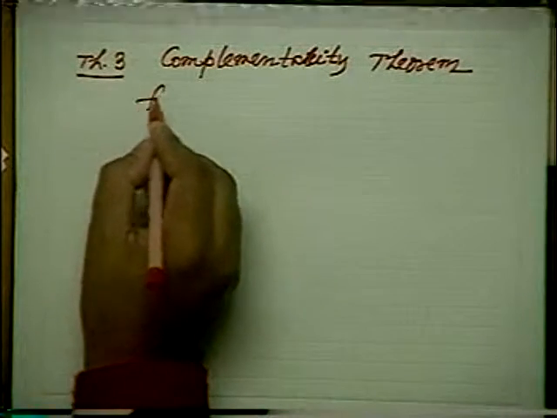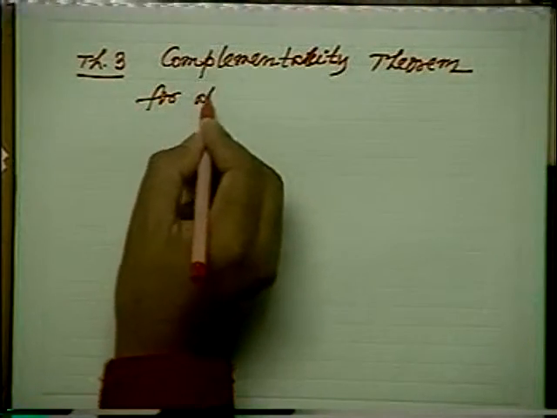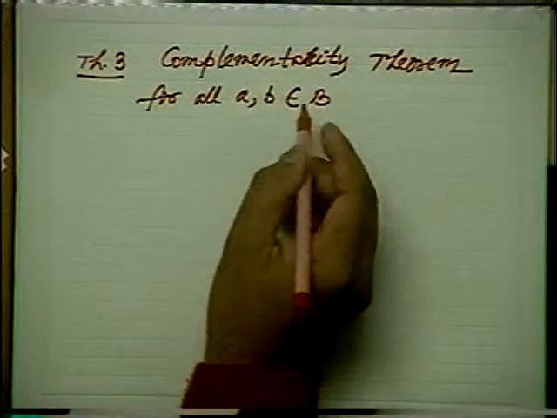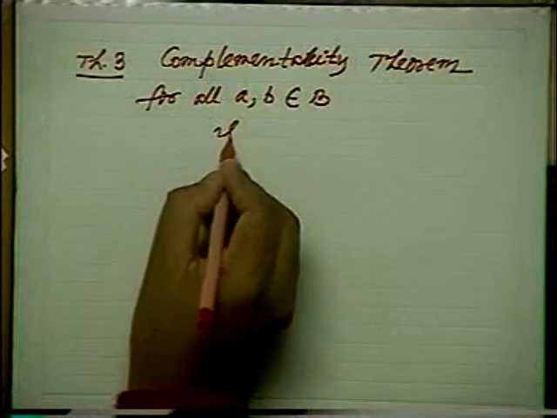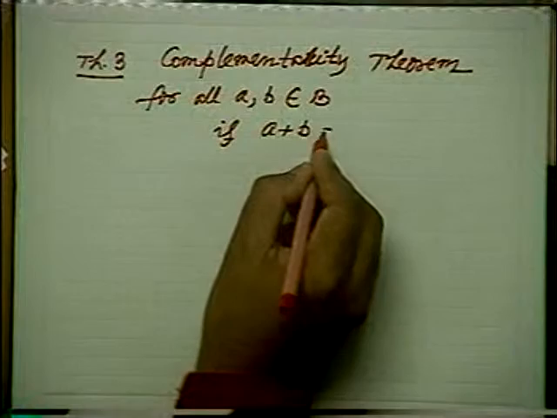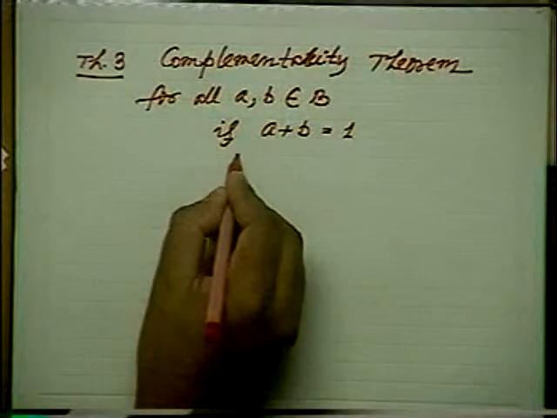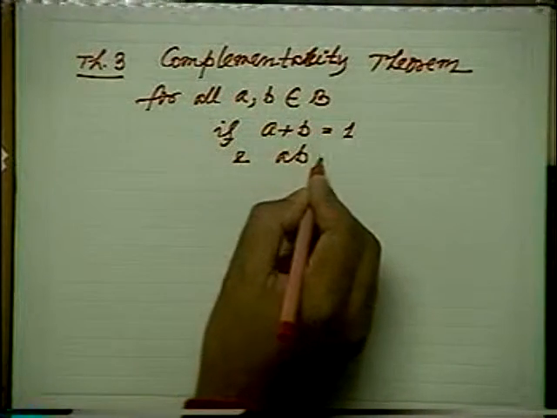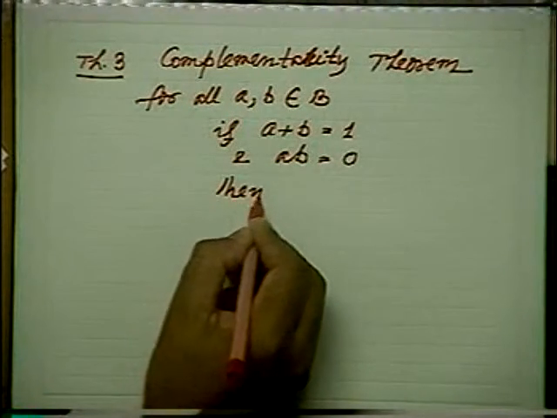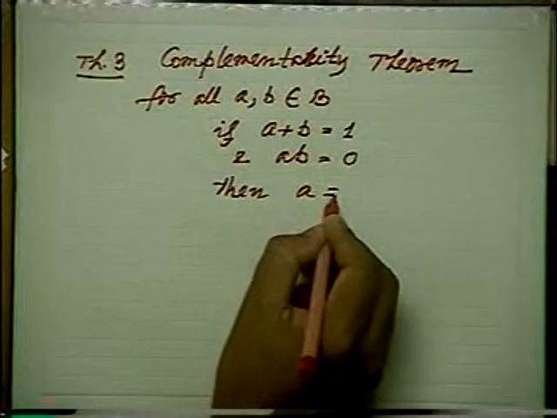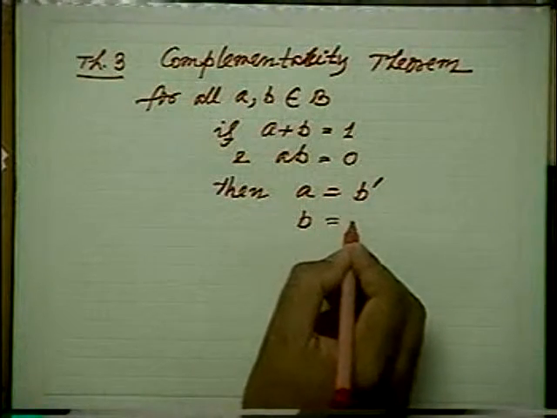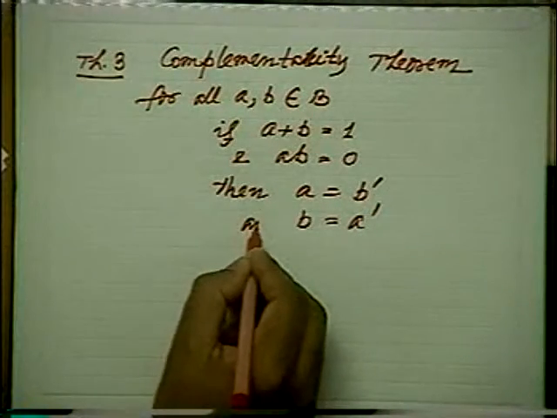This says that for all A, B contained in B, if A plus B is equal to 1 and AB is equal to 0, then A is equal to B dashed and B is equal to A dashed.